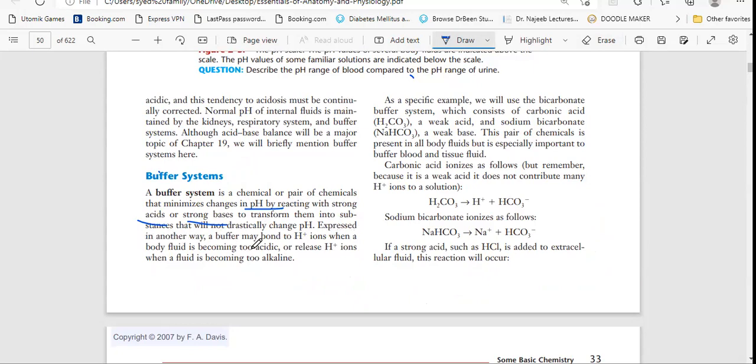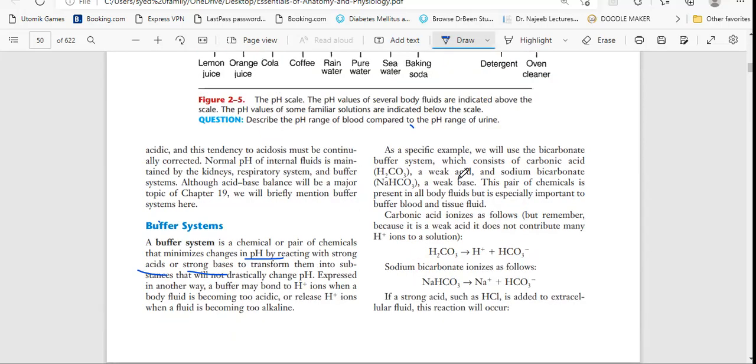Expressed in another way, a buffer may bond to hydrogen ions when your body fluid is becoming too acidic, or release H+ ions when your fluid is becoming too alkaline. As a specific example, we will use the bicarbonate buffer system, which consists of carbonic acid, a weak acid, and sodium bicarbonate, a weak base. This pair of chemicals is present in all body fluids, but is especially important to buffer blood and tissue fluid.